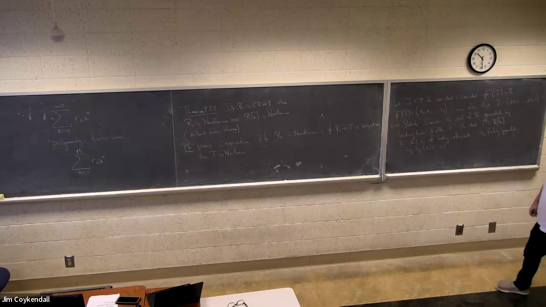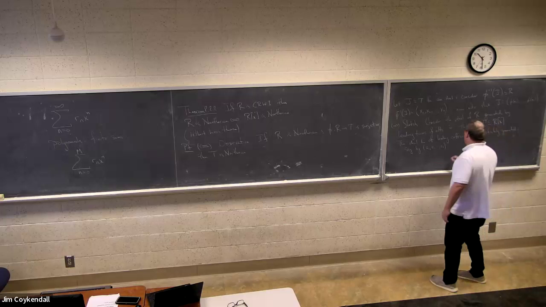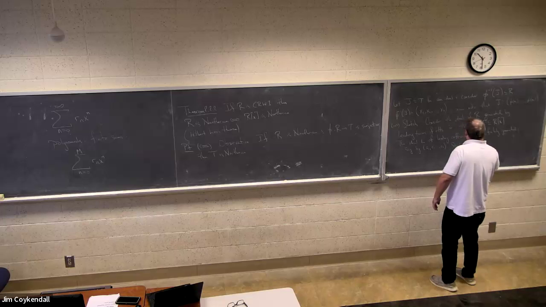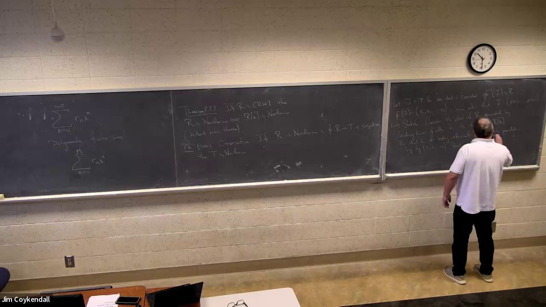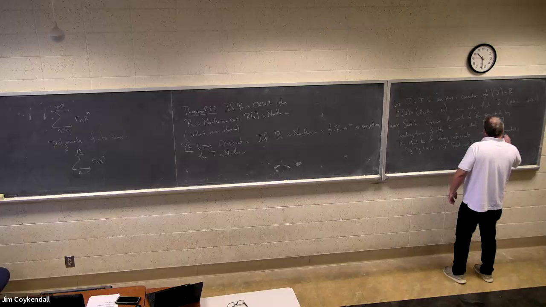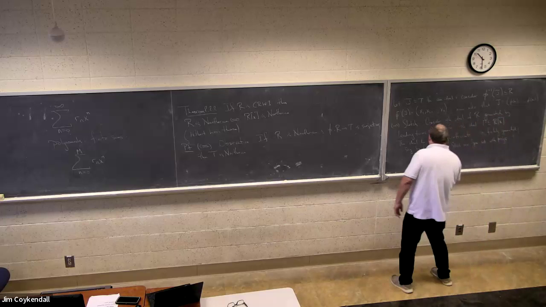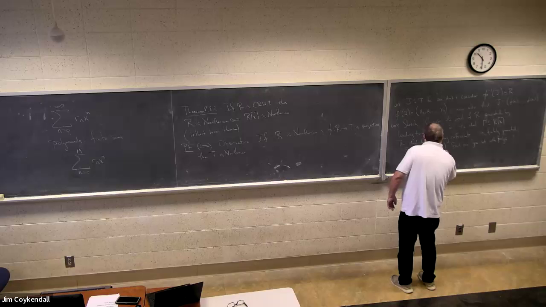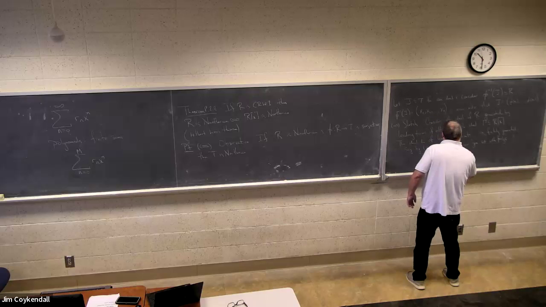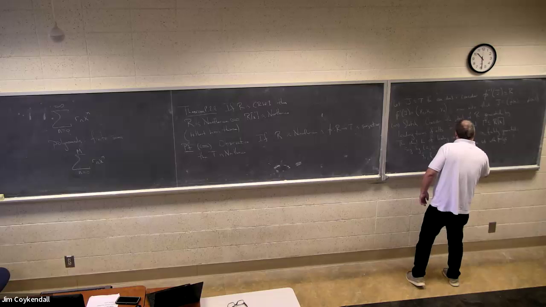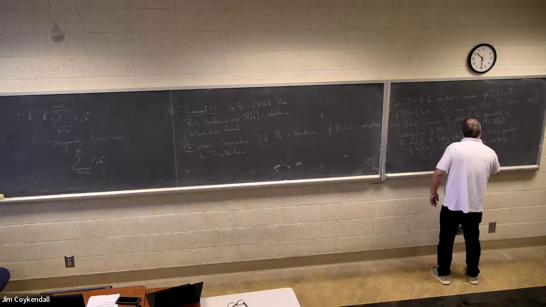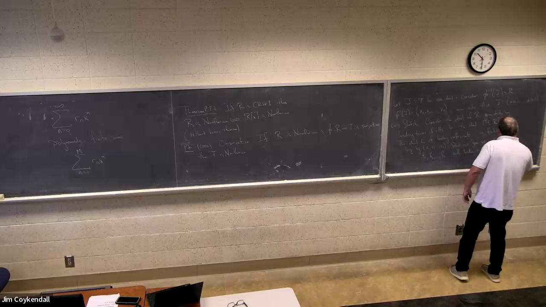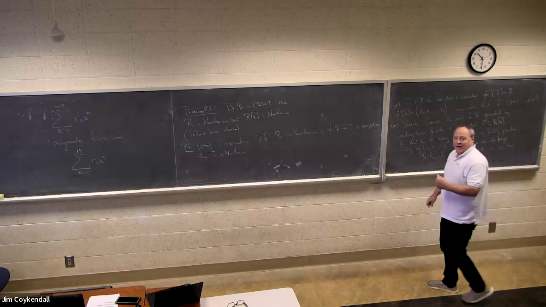In fact, what I'm going to do is start our generating set with polynomials, let's say F1 up to Fn, with leading coefficients A1 up to An respectively, and a minimal degree.